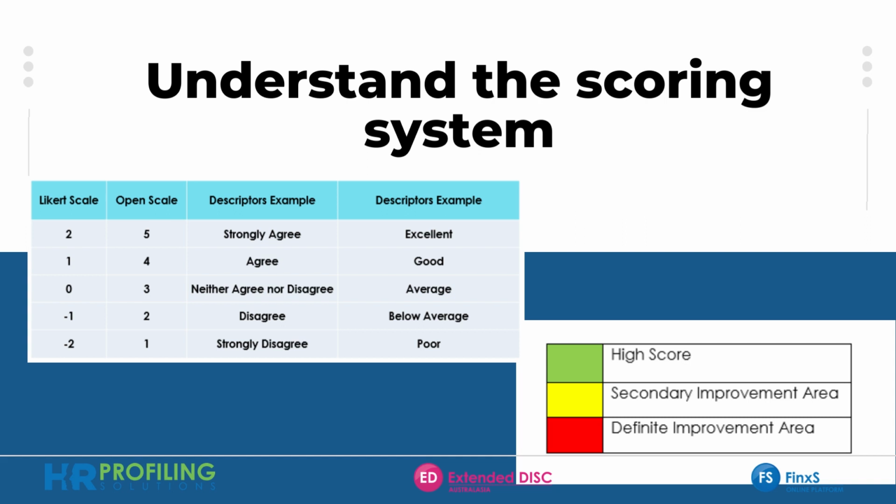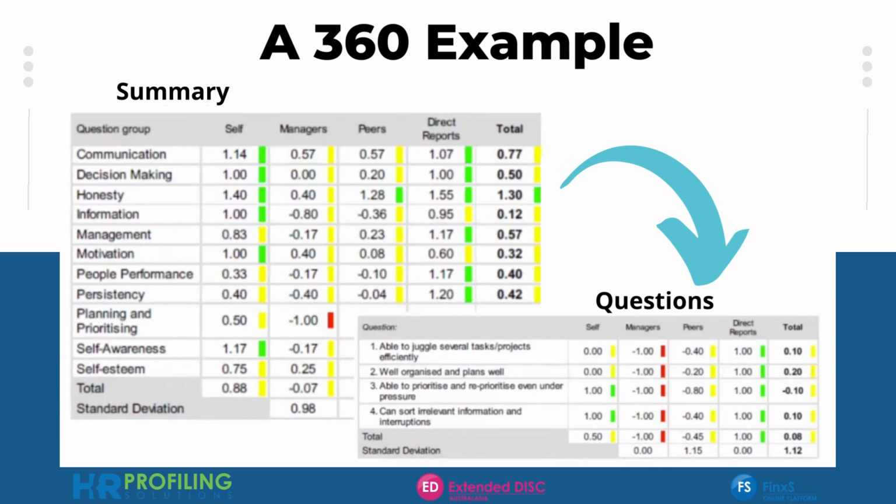So let's have an actual look at one so you can see. I've just pulled out a summary from a 360 that was done. And you can see here that out of all of that, there's quite a few yellows, a few greens, but there's one red. So this is the summary page, and then you can click into the planning and prioritizing.